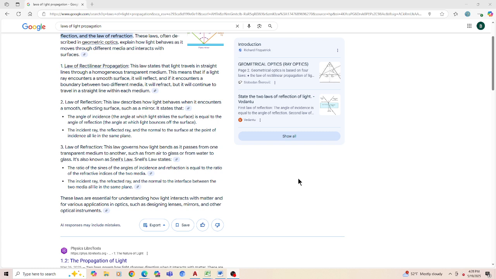You will have an incident ray, the refracted ray, and the normal to the interface between the two media, all lying on the same plane. These laws are essential for understanding how light interacts with matter and for various applications in optics, such as designing lenses, mirrors, and other optical instruments.